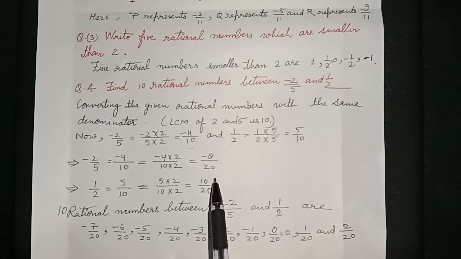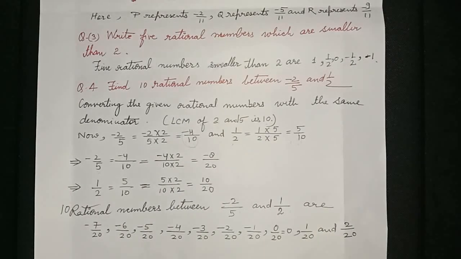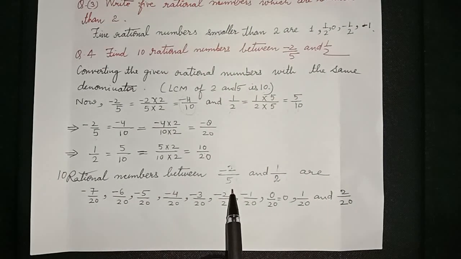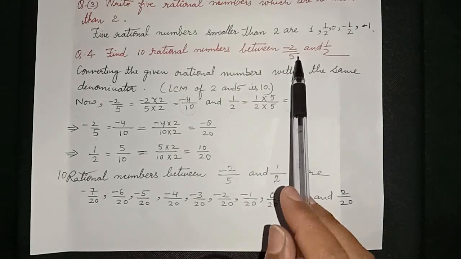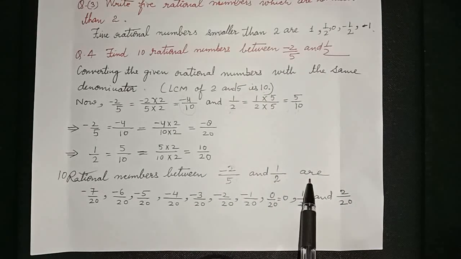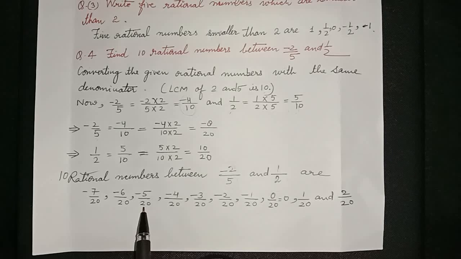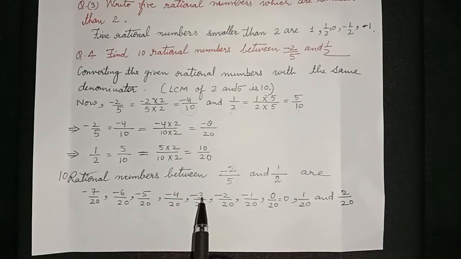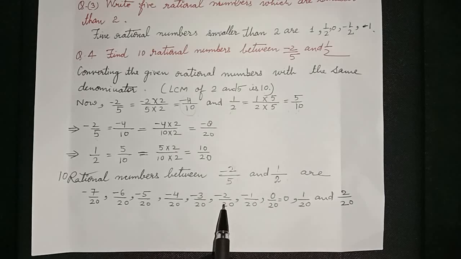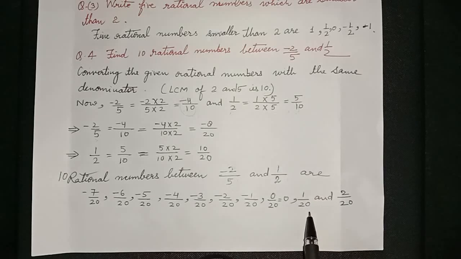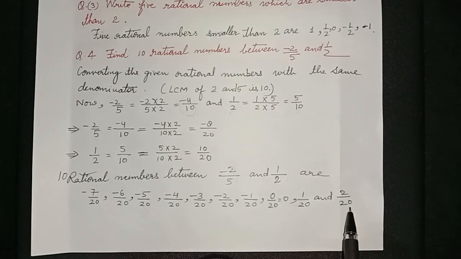You can see that very easily you can get 10 rational numbers between them. So you can write in your answer 10 rational numbers between -2 upon 5 and 1 by 2 are -7 upon 20, -6 upon 20, -5 upon 20, -4 upon 20, -3 upon 20, -2 upon 20, -1 upon 20, 0 upon 20, 1 upon 20 and 2 upon 20.